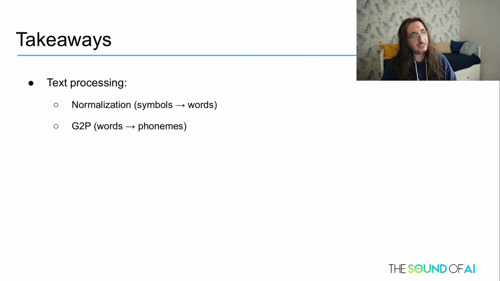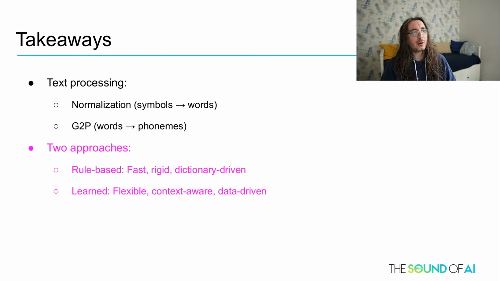Then we have G2P, where we move from words, from characters, to phonemes. There are two approaches for G2P, and the first one is rule-based. That's quite fast, but it's a little bit rigid, and it's mainly a dictionary lookup with some fallback handcrafted rules that don't work that great.